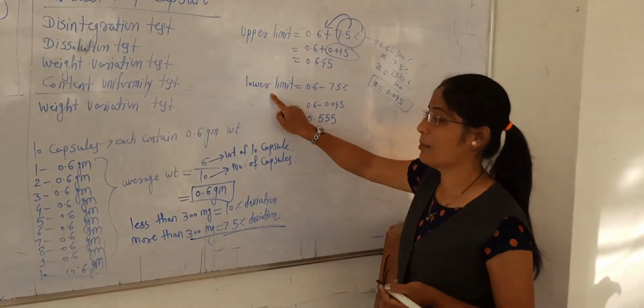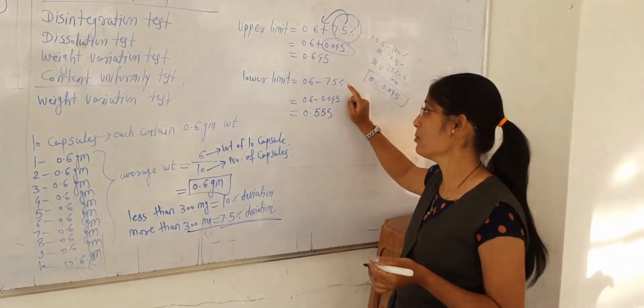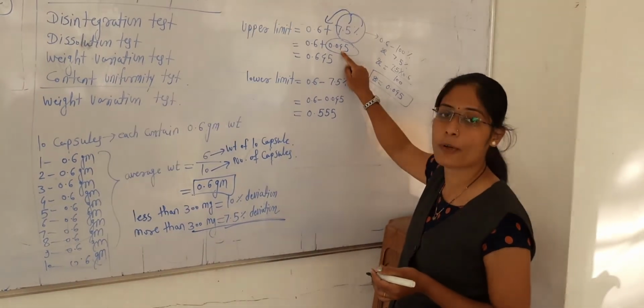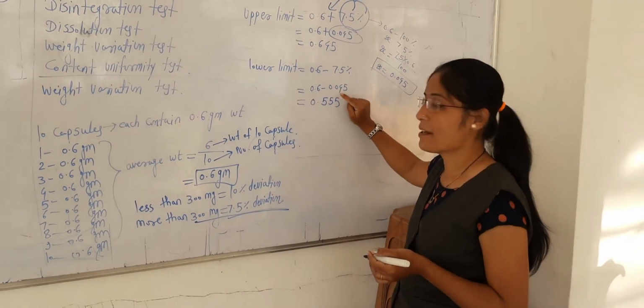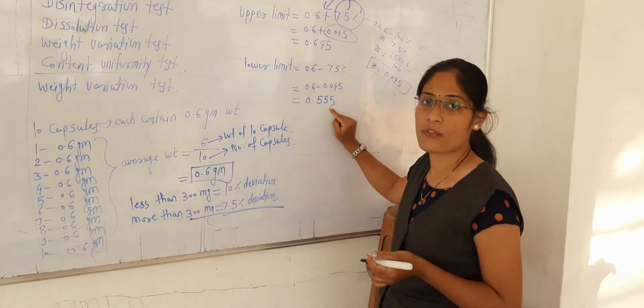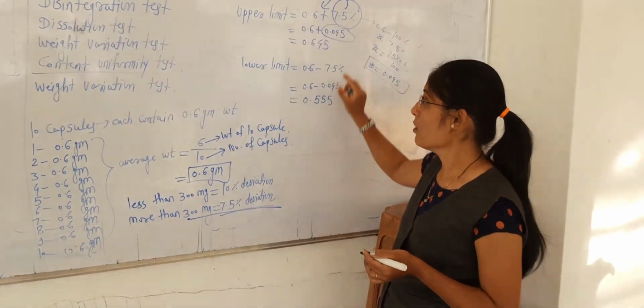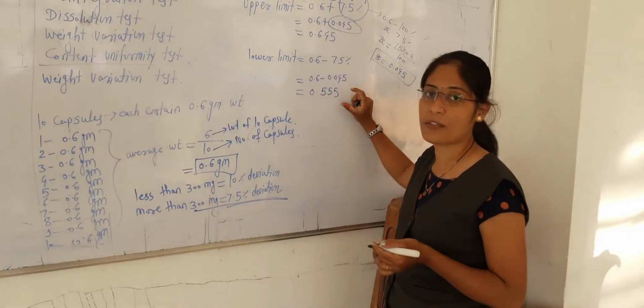Then the lower limit. For the lower limit, we subtract this 7.5%. 7.5% means 0.045. 0.6 minus 0.045 equals 0.555. So this is the upper limit weight of the capsule and this is the lower limit weight of the capsule.